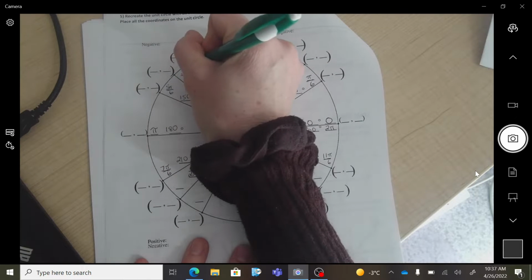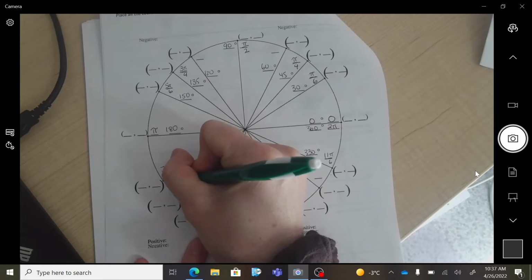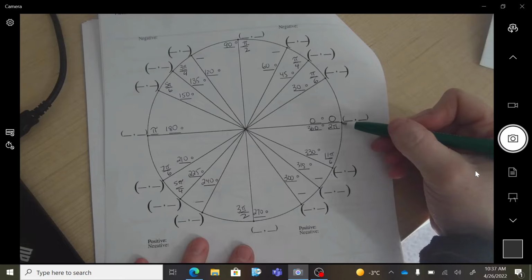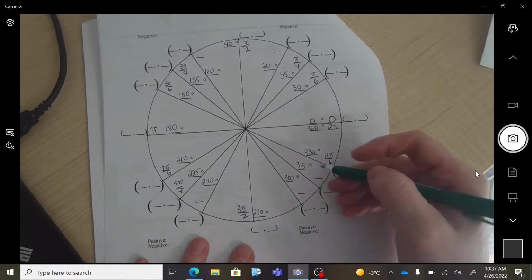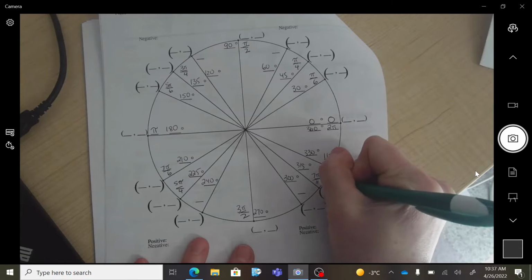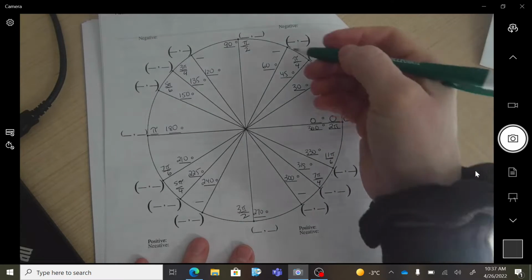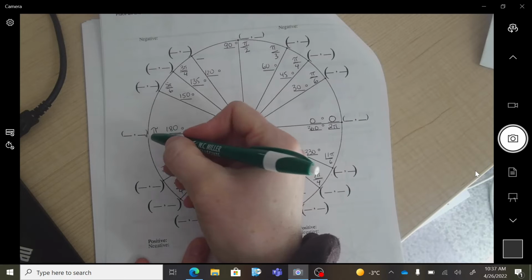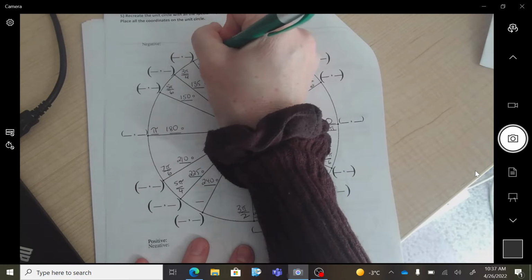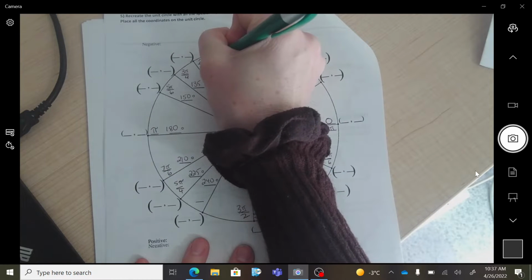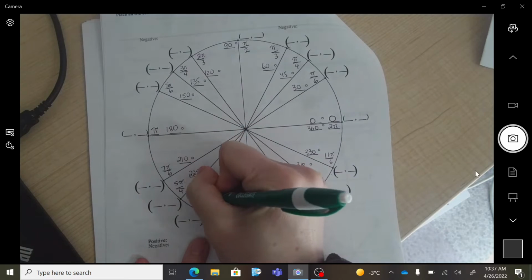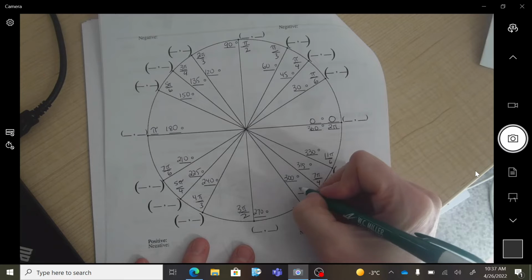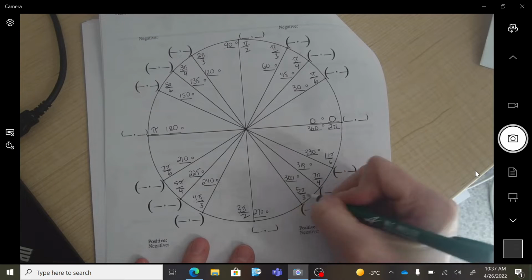Therefore 3 over 4 is less, and 5 over 4 is more. 2 pi is 8 over 4. Therefore back is 7 over 4. Now the 60 is pi over 3. So this is 3 over 3, making this 2 over 3, 3 over 3, so this is 4 over 3. 2 pi is 6 over 3, therefore this is 5 over 3.